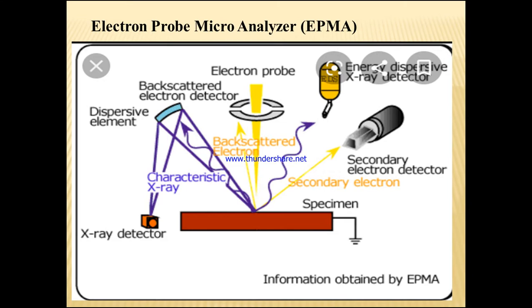The electrons generated from the electron gun hit and scan the sample. When it scans the sample, we get different signals: backscattered electrons, secondary electrons, or characteristic X-rays. Some electrons are diverted or deflected, or absorbed by the electrons of the specimen.